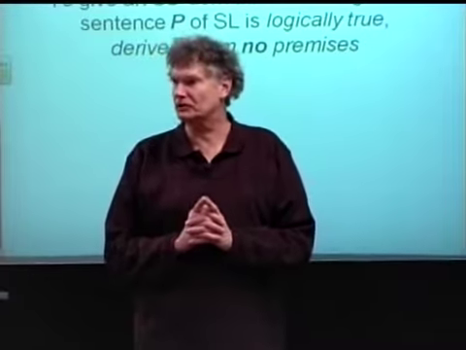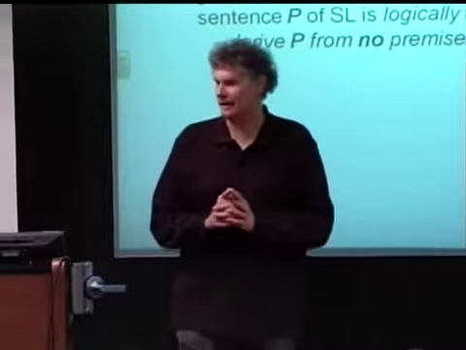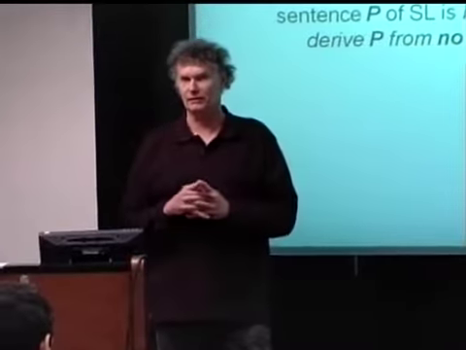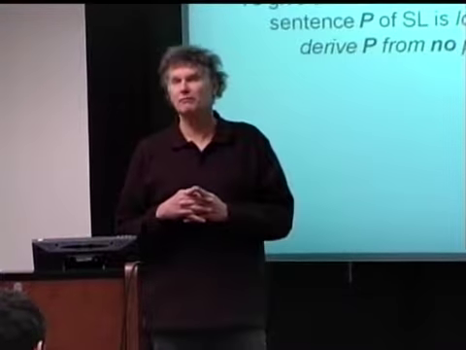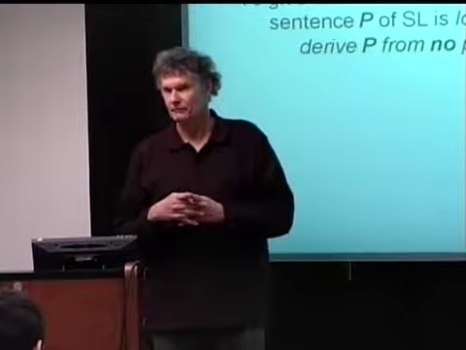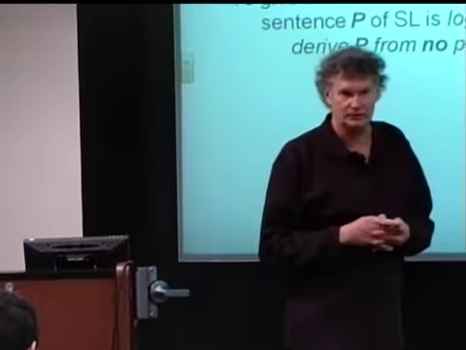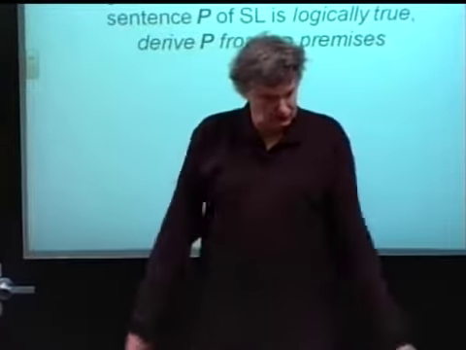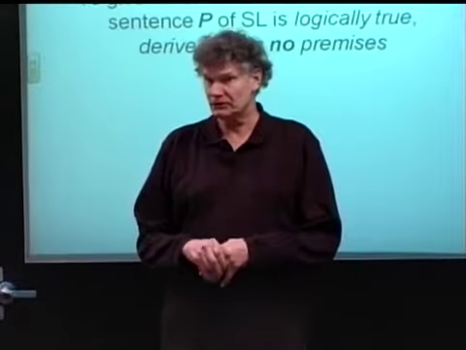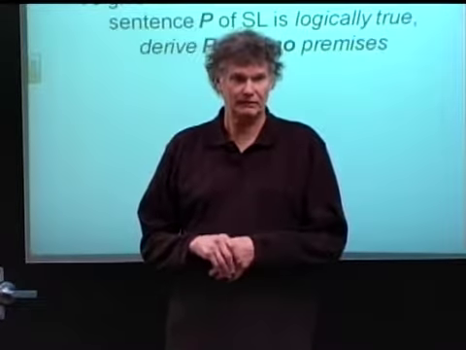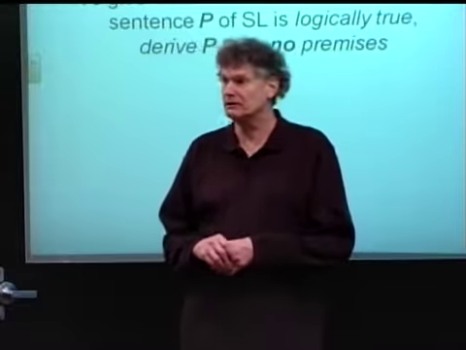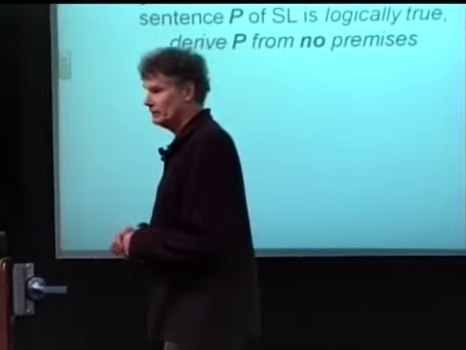Now, this was accomplished to a nearly perfect extent. It wasn't entirely perfect, but to a remarkably perfect extent, in the case of geometry. It was accomplished 2,500 years ago by Euclid, who was a student of Aristotle's. 2,500 years ago, he axiomatized geometry.